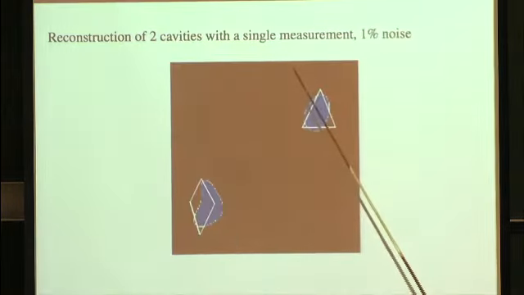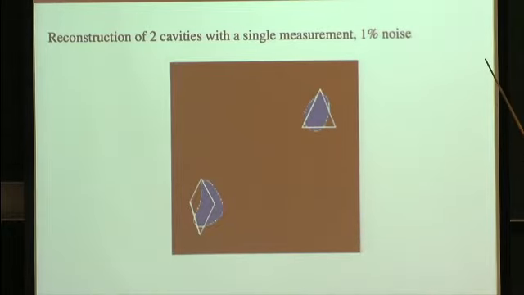Okay, then let's move to the cavity case. I switch to the double well potential instead of a single well. So I'm looking for cavities now, and this is a reconstruction of 2 cavities with 1% noise and a single measurement, I think this left-right measurement, and the reconstruction is pretty good.